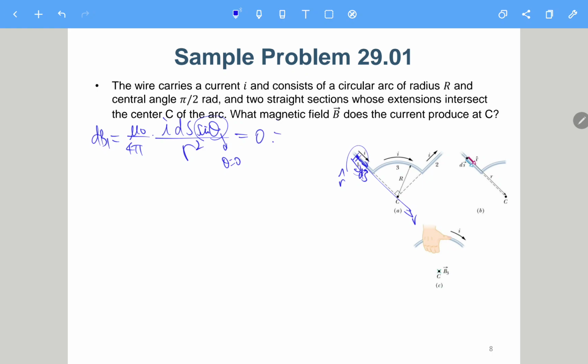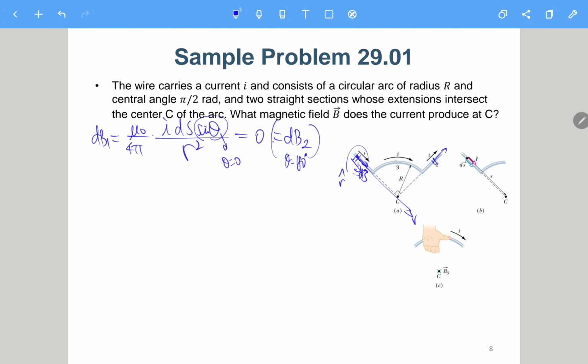Similarly, dB2 also equals 0. dB2 is this part. For this case, theta equals 180 degrees, but sine of 180 degrees is also 0.